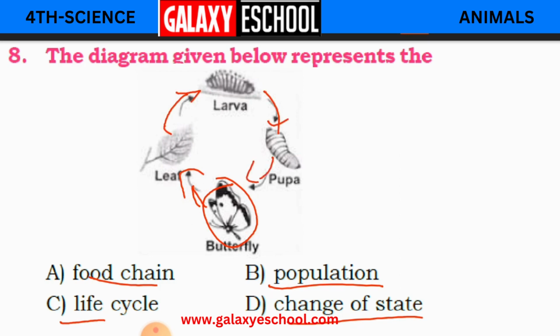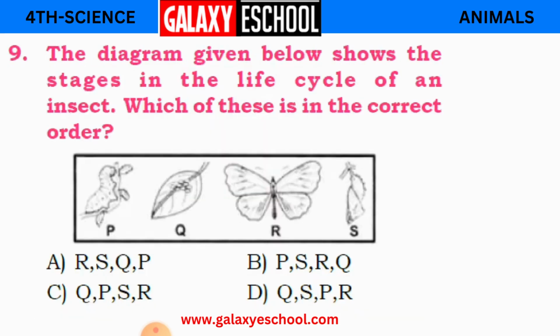This pupa again becomes an adult butterfly after shedding its skin so many times. So this is the life cycle of the butterfly. That is why C option is the correct answer. Clear, children? Now we'll go to the 9th question.